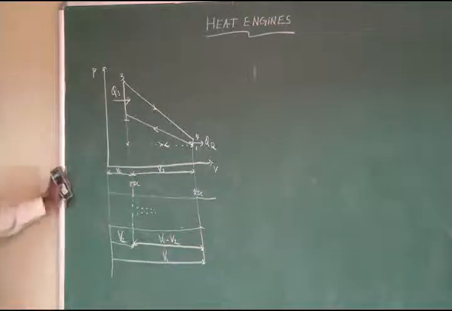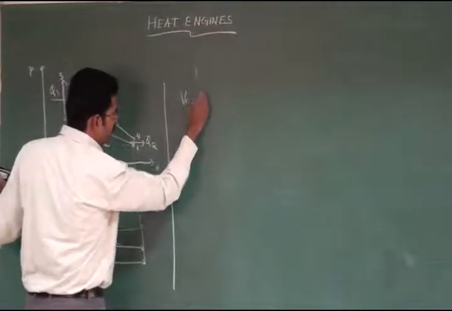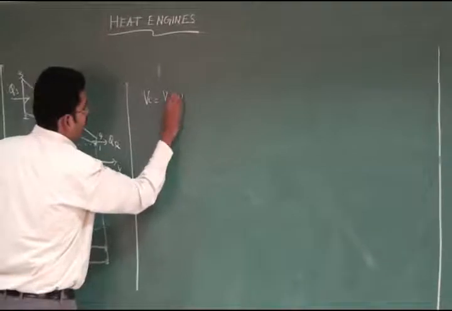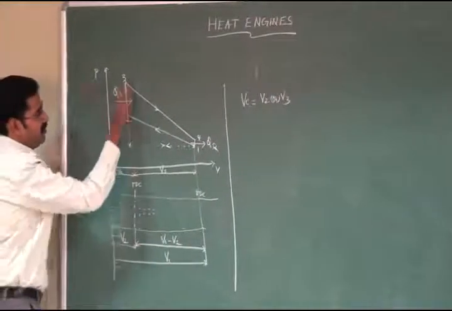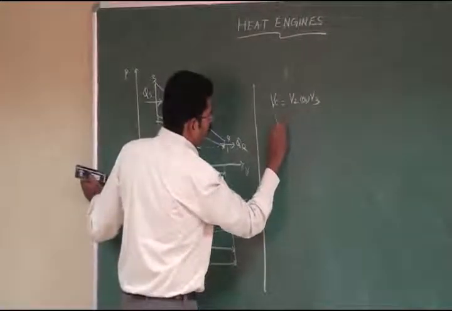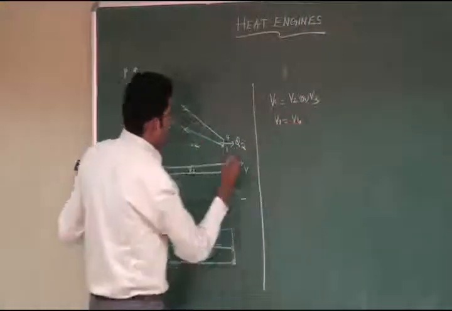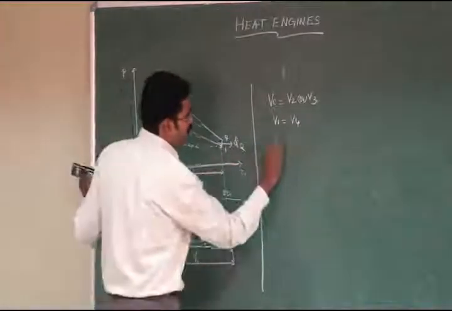From this diagram we conclude two things. One is that clearance volume Vc is equal to V2 or V3, since volume remains constant. And similarly V1 is equal to V4. And what is stroke volume?